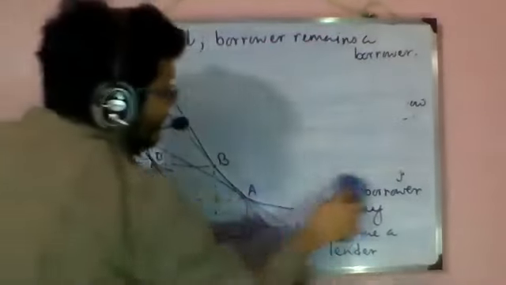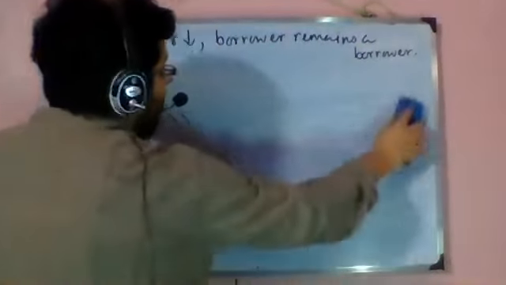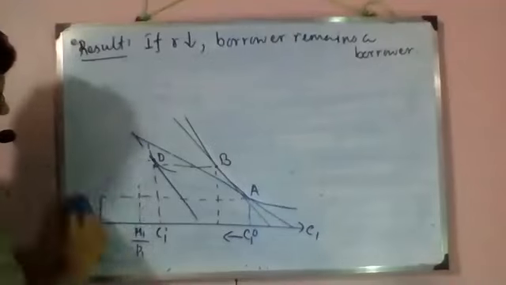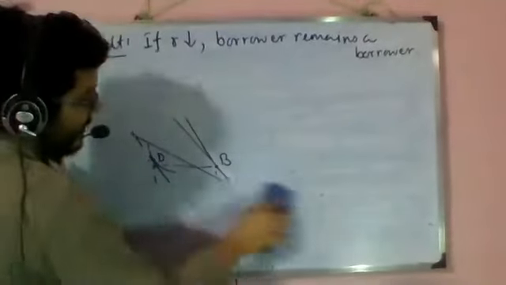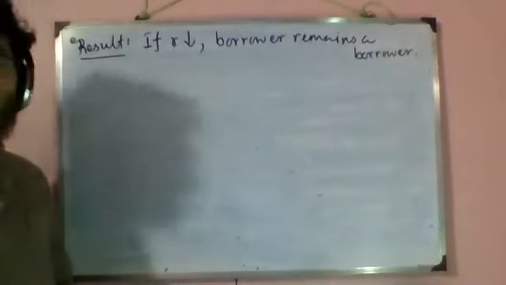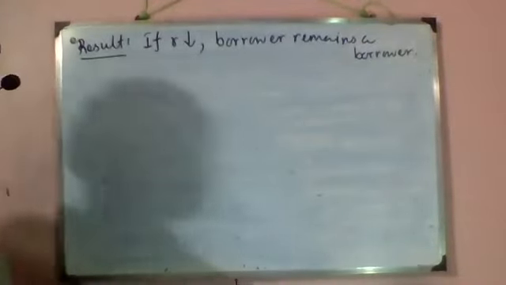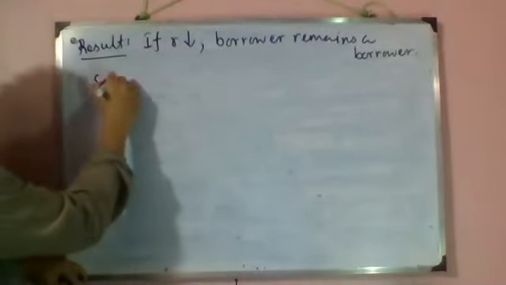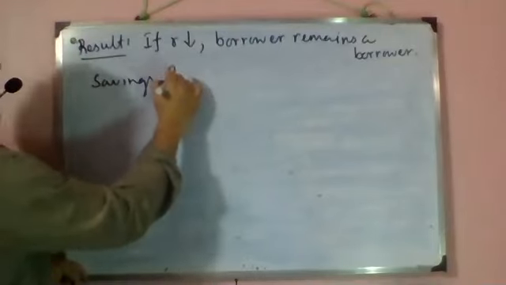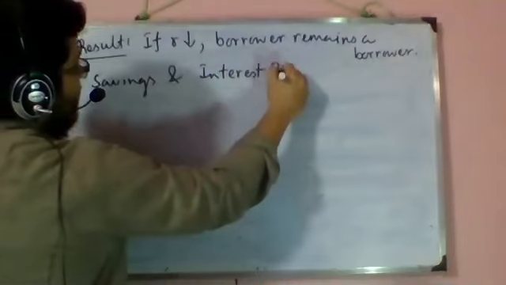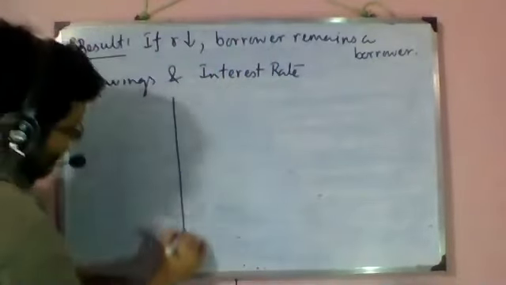If the rate of interest is very low, there is an incentive to become a borrower. And if the rate of interest is increasing, then there is an incentive to become a lender. So if we are going to build a relation between savings and interest rate, it will look like this.